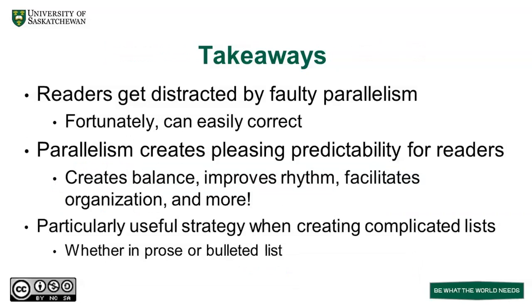So our takeaways: readers get distracted by faulty parallelism, but fortunately we can easily correct this. Once we develop our awareness of what faulty parallelism is, we can identify these are the elements that don't match, and so we can change them to match the other elements in our sentence.